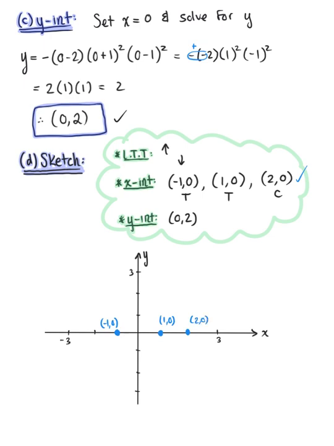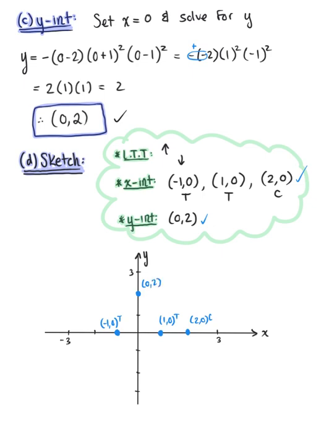Now, to help us with our graph, let's keep our multiplicity conclusions in mind. So we'll put a T for tangent next to the factors that have an even multiplicity, and we'll put a C for crossing at those factors that have an odd multiplicity. Now, we also have the y-intercept up here at the ordered pair 0, 2.